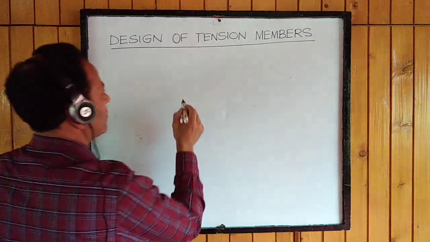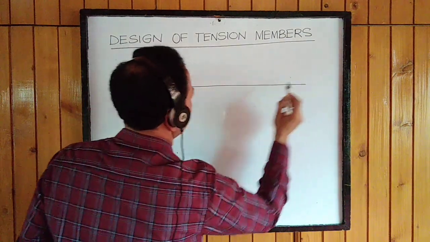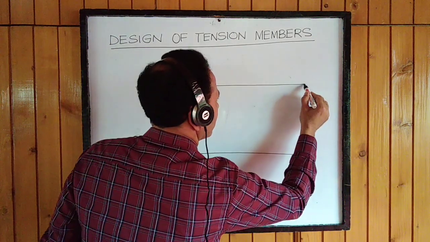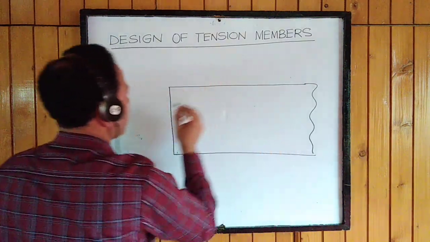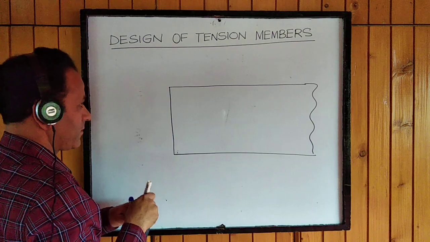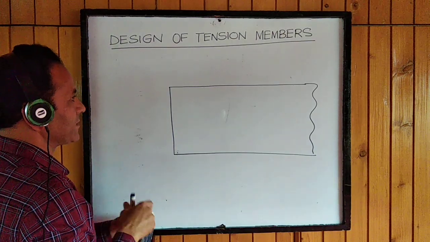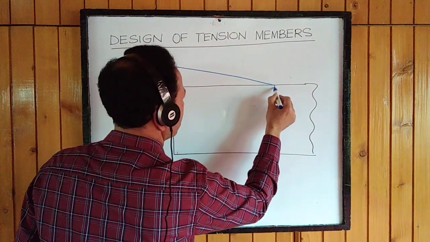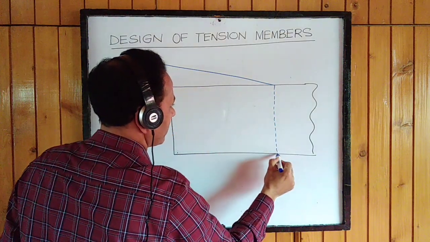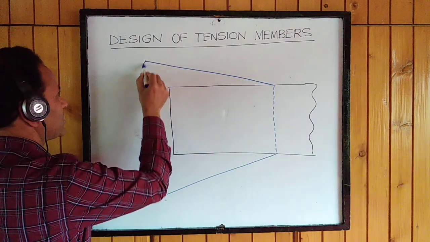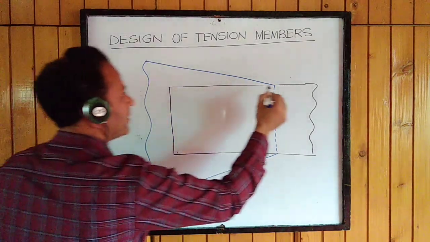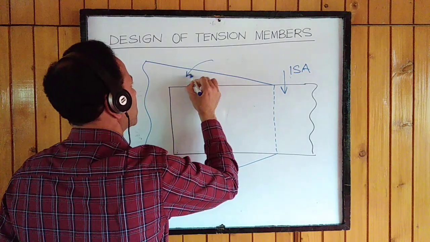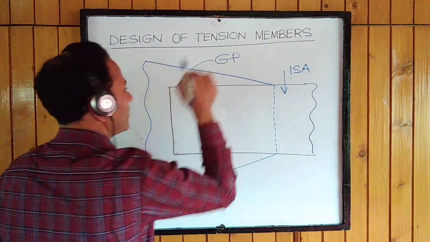So again I draw the front elevation. This is the angle section, connected to the gusset plate once again. This is the gusset plate. This is our ISA.